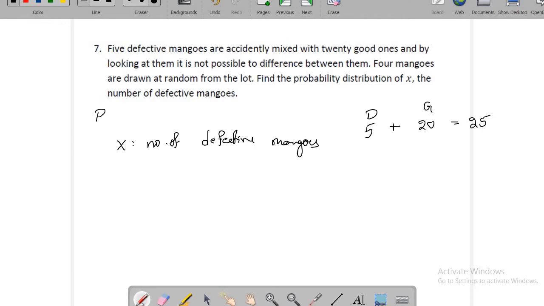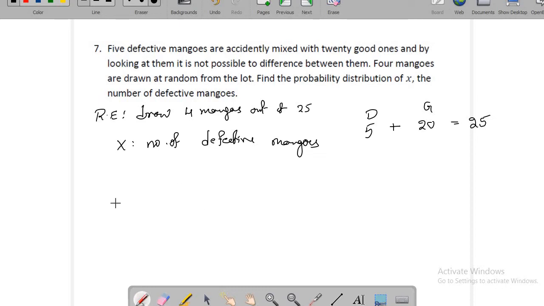And what is our random experiment? Random experiment is to draw 4 mangoes, or to select 4 mangoes out of 25. So the number of defective mangoes out of 4, it can be 0.